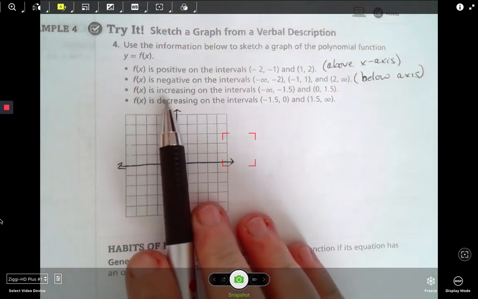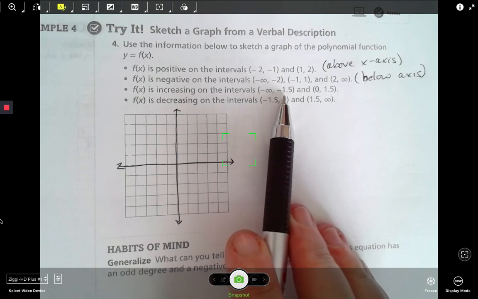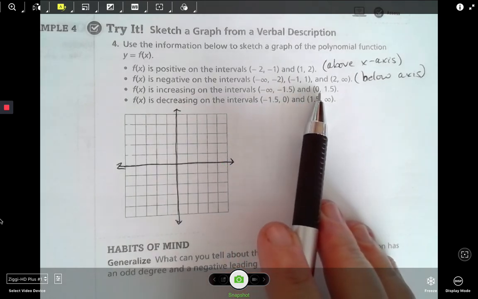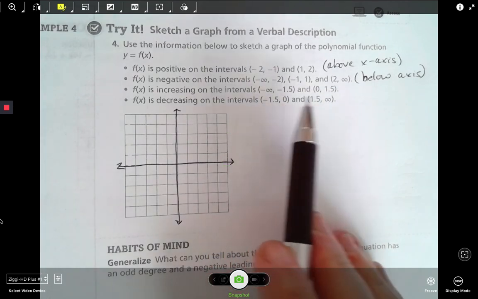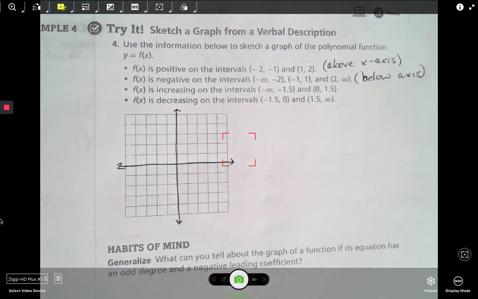It's increasing between negative infinity to negative 1.5, increasing between 0 and 1.5, and then it tells you where it is decreasing. So you may be like, well, how do I know where to draw? How do I know how to get a graph from this? Well, you start by identifying or estimating your x-intercepts.